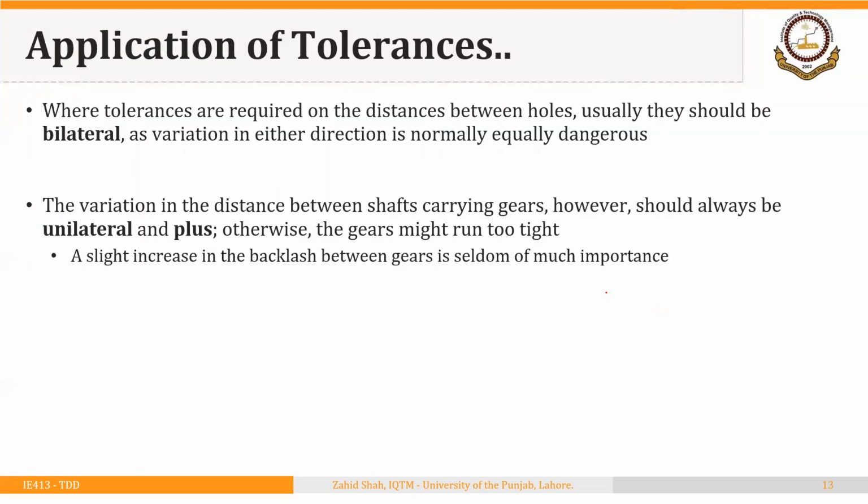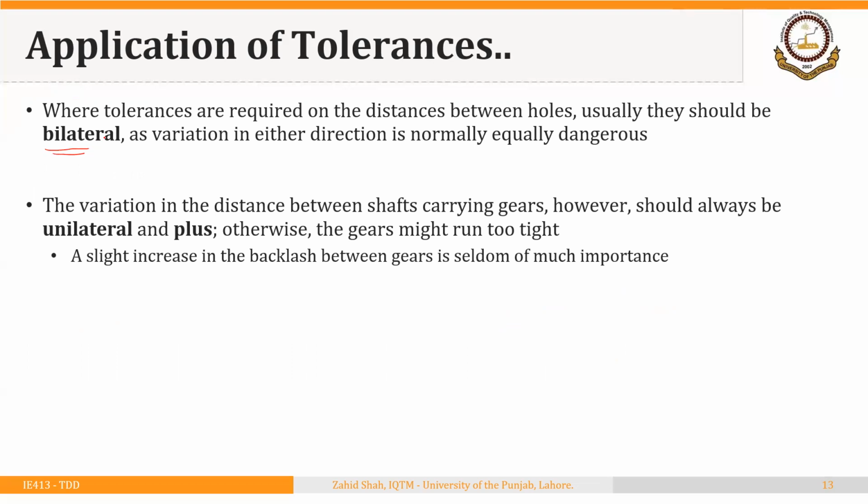So where tolerances are required on the distances between holes, this is an example of applying bilateral tolerances. Usually they should be bilateral, as variation in either direction is normally equally dangerous.